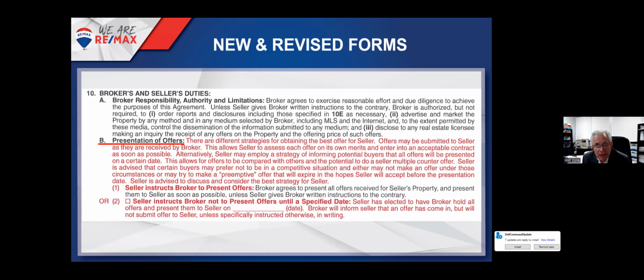And that's perfectly fine. The good news is the form addresses this by informing the seller of the pluses and minuses of doing that. But if you believe you should be holding the offers, discuss it with the seller, and then check this box that the seller is instructing you to not present the offers until a specific date.